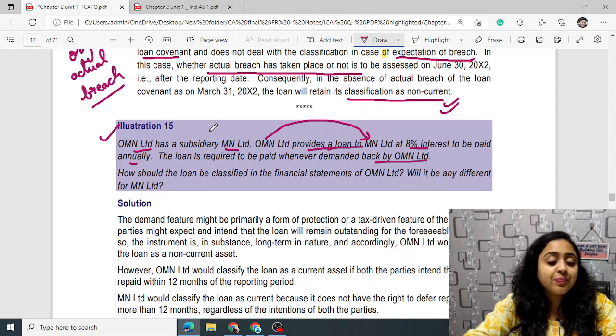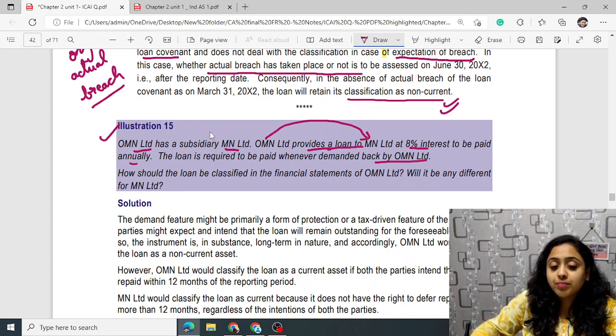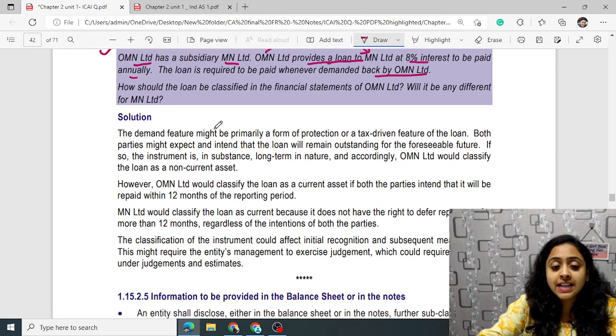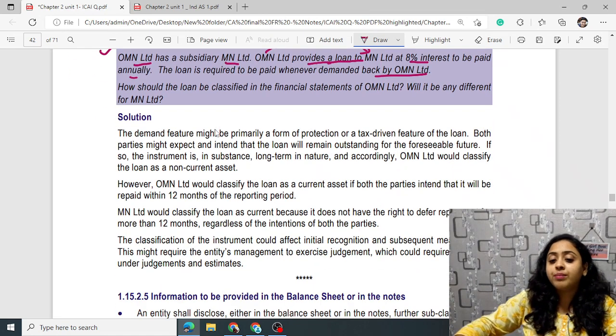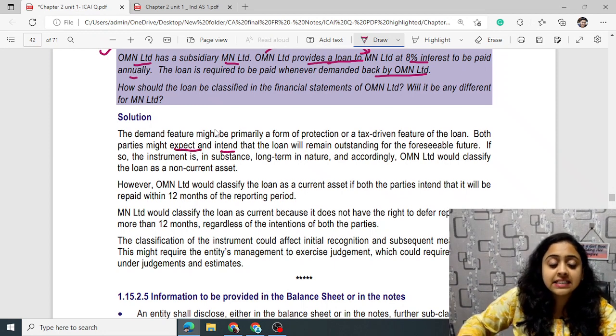Other than that, at the end of the year, they have to see whether it will be asking for the loan or not, whether there are chances or not, according to which current and non-current will be classified. The demand feature might be primarily a form of protection or a tax-driven feature of the loan. Both the parties might expect and intend that the loan will remain outstanding. They are expecting and intending, since there is a holding and subsidiary relationship.